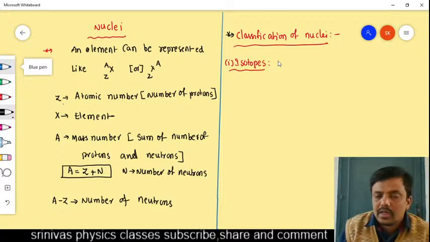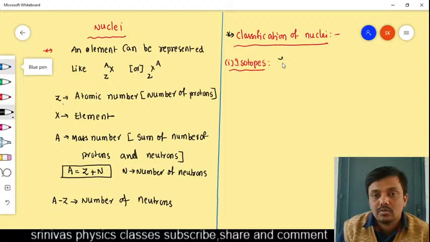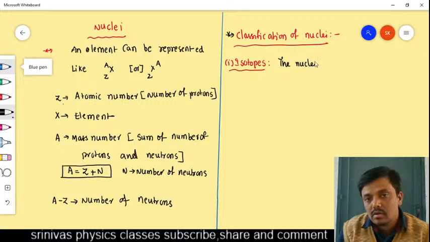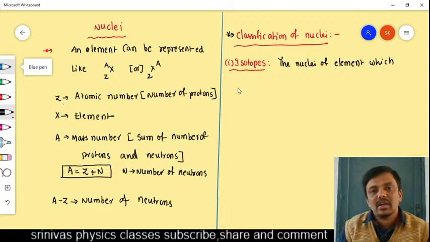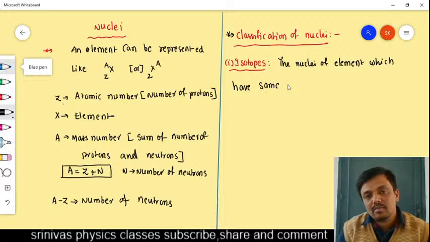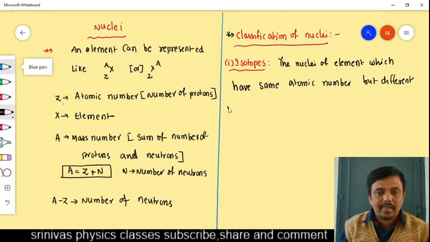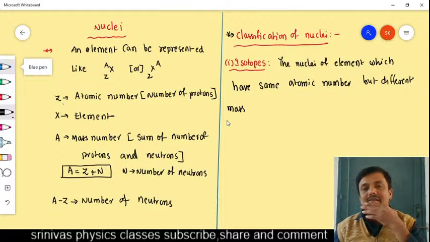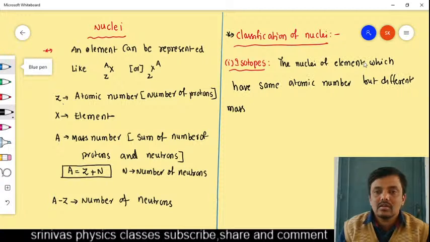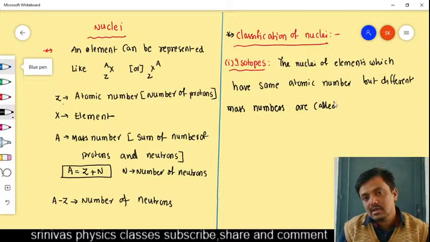The nuclei of elements which have the same atomic number but different mass numbers are called isotopes. This is about isotopes.